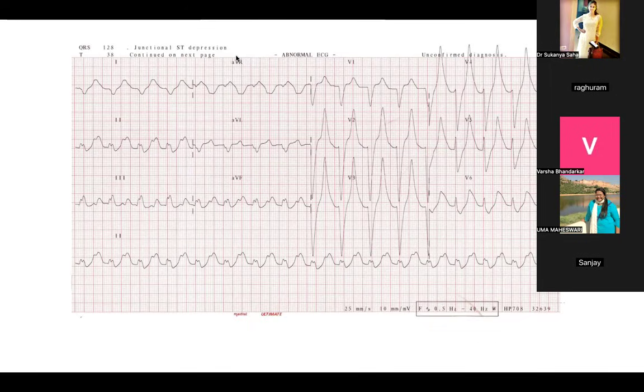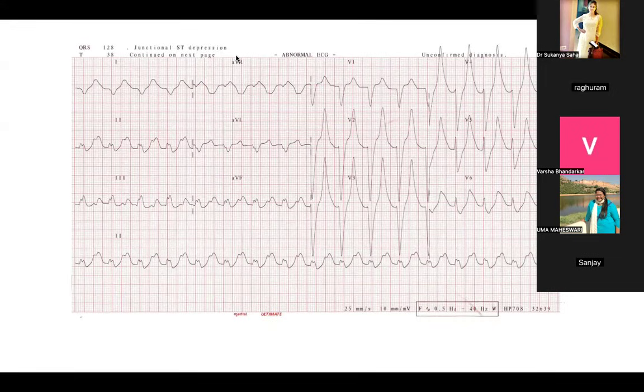So can you tell me what are the lab parameters you'll expect in a TLS? In TLS, we have the Cairo-Bishop criteria, in which we'll see 4 laboratory values. If the potassium is more than 6 milliequivalent per liter, or if it has increased by more than 25% of the baseline.